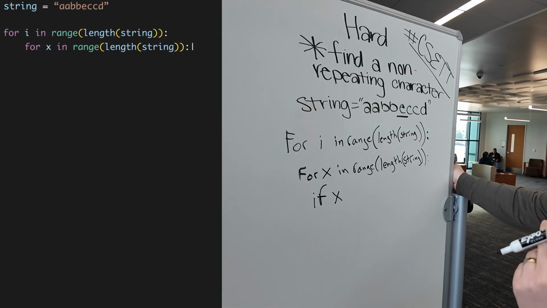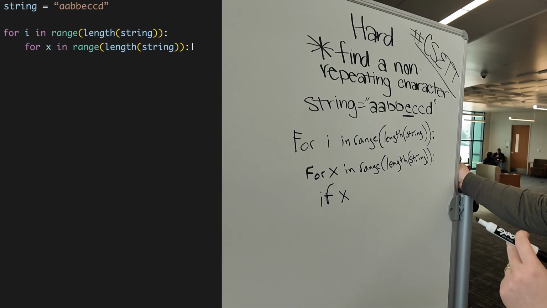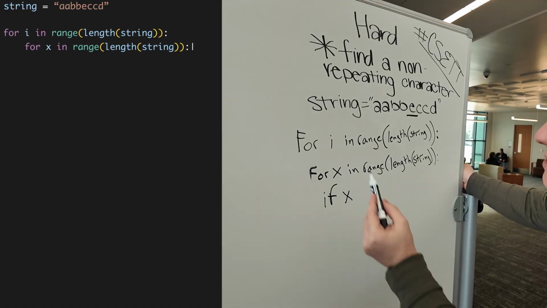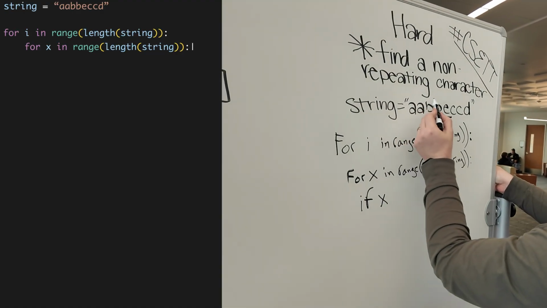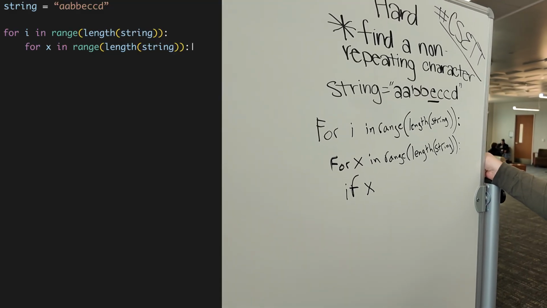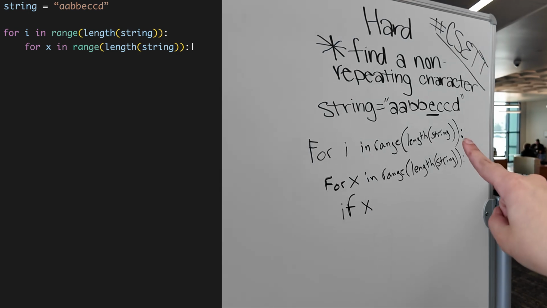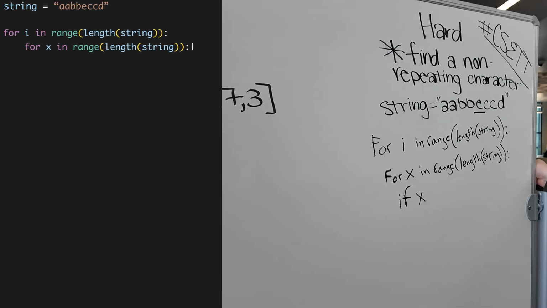Well, x and i will both be equal to each other at some point. Does this one start first, or will they both start at the same time? They'll both start at the same time. So first, i is technically going to go to A, and x is going to go to that first A. Right.